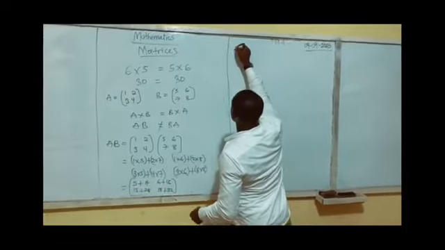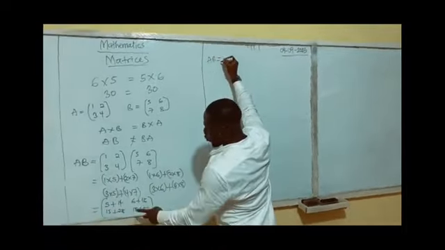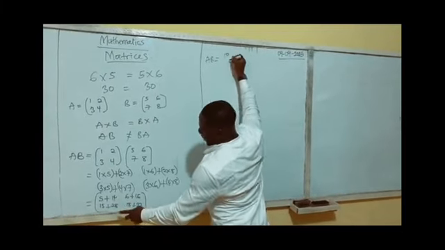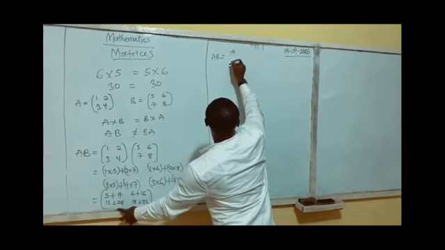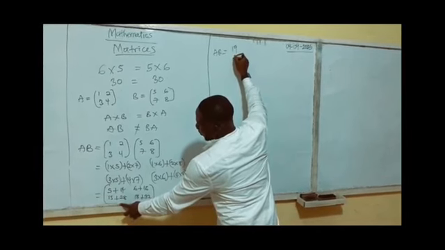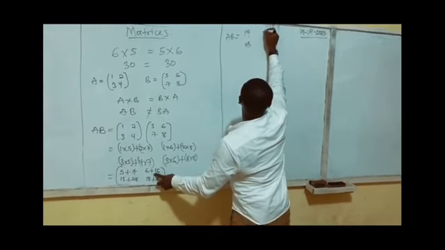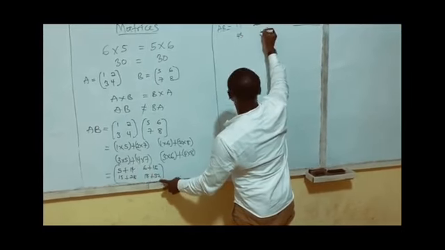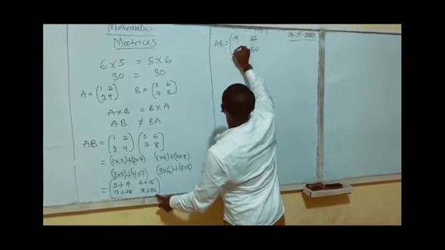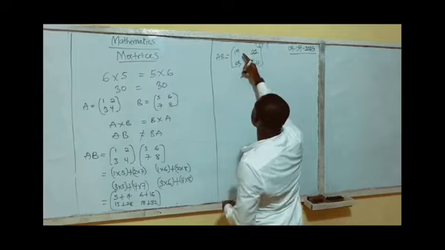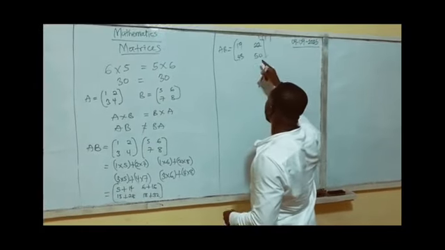Further simplifying, AB is equal to 19, 22, 43, 50.